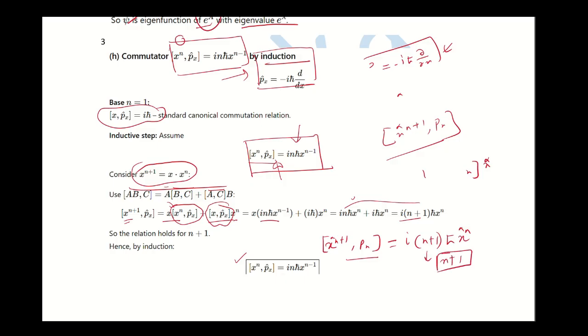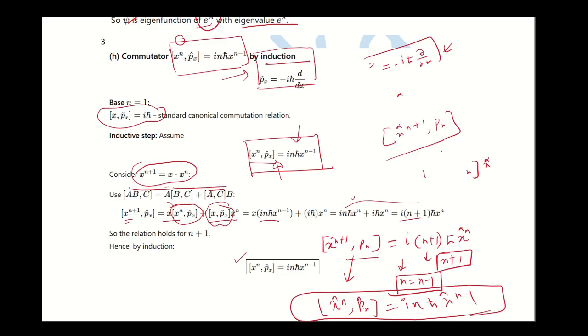If we replace n plus 1 by n, then the commutator of x to the power n and px is nothing but iota n h cross x to the power n minus 1. That means we get the answer. So this is the way of solving this type of problem with the help of the induction method.